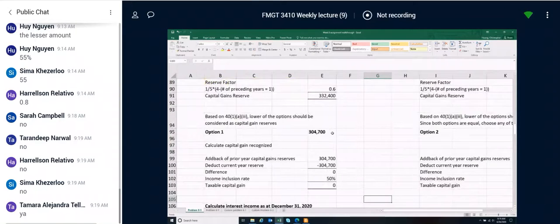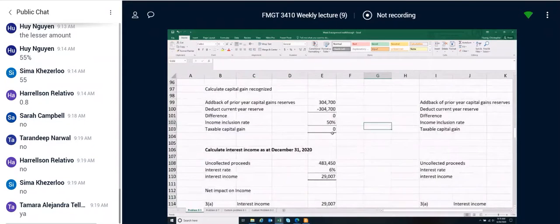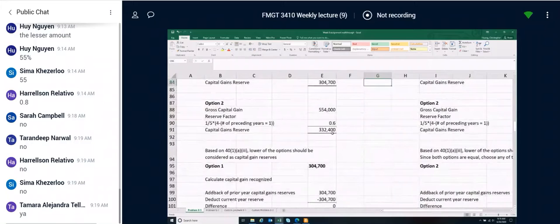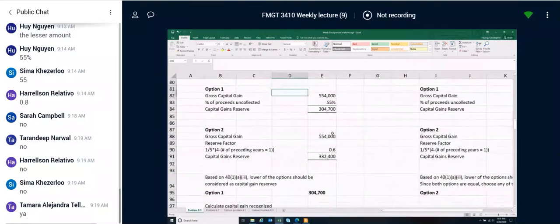All right, 2020. So again, we expected option one to prevail. So of course now your 5-year rule drops down to 60%. We expected option one to be lower, and option one is lower, so that's good.